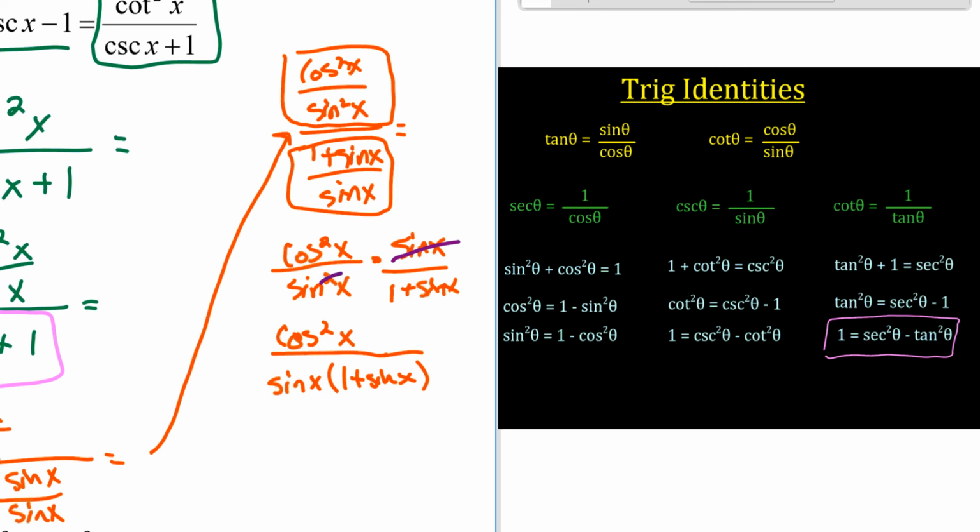This is already getting to be pretty messy, and we're trying to get to cosecant x minus 1. So I'll be honest, I don't know if this is going to get me there. I mean, I could distribute this. Let's just see what happens here. Cosine squared x over sine x plus sine squared x.